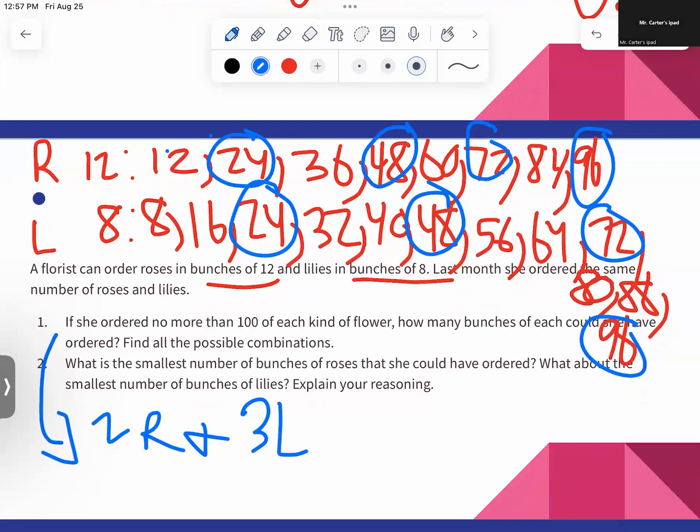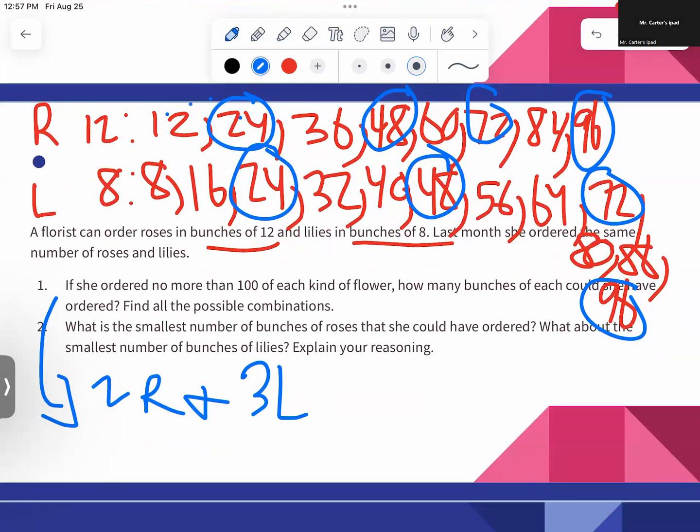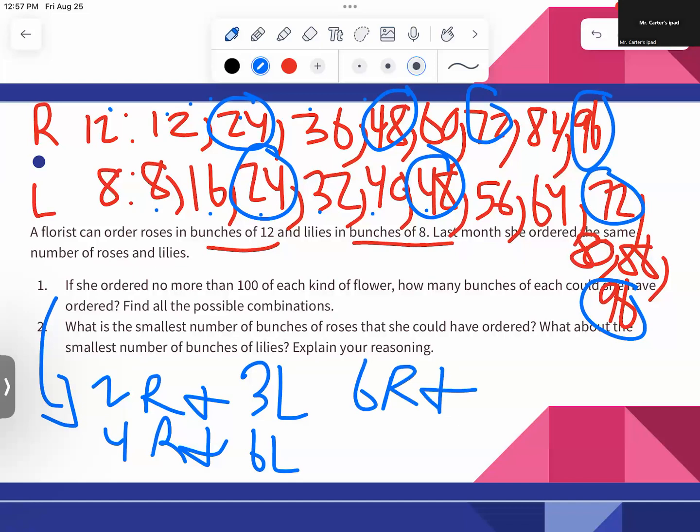She could have also ordered 4 roses and 6 lilies. 8 times 6 is 48. Then she could have gotten 6 roses. So 12 times 6 is 72. So we could have 6 roses, and 8 times 9 is 72, 9 lilies. We could have had how many roses to 96? That'd be 12 times 8 is 96.